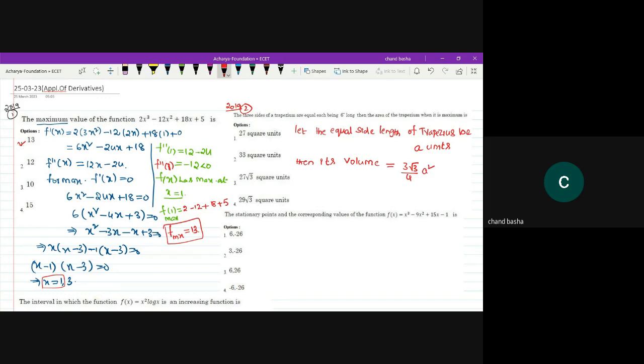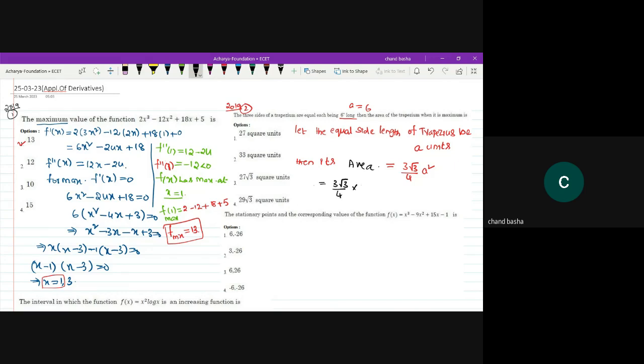Now clearly a is equal to 6. You can substitute, since the area is to be maximum. So the surface area is equal to 3 root 3 by 4 a square. This is equal to 3 root 3 divided by 4.